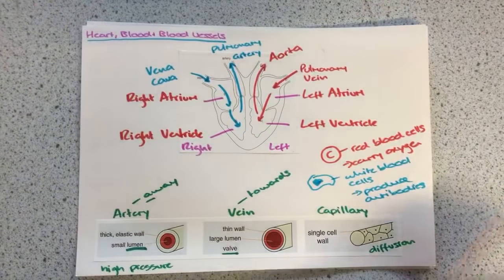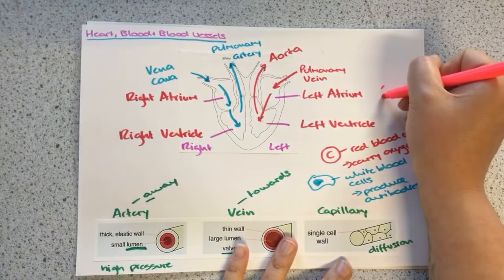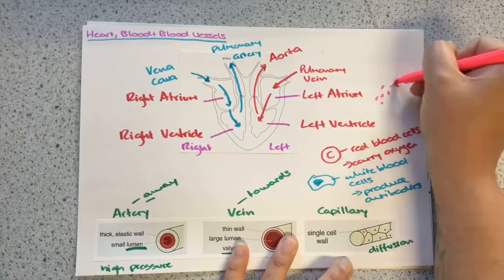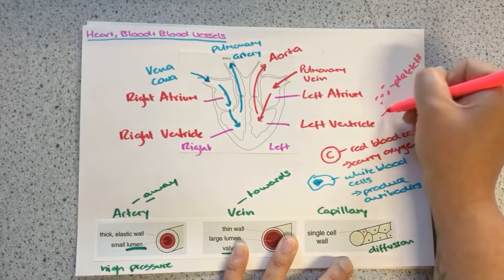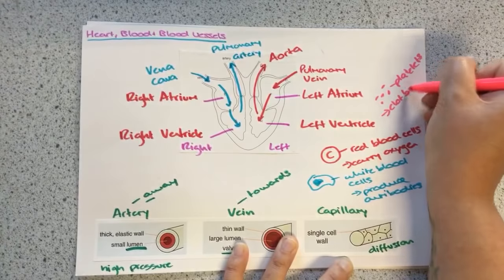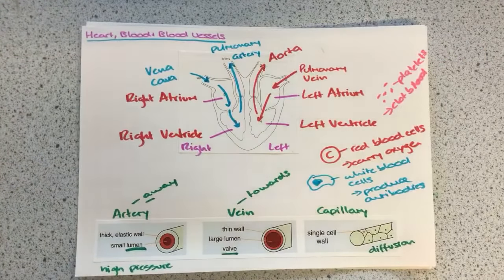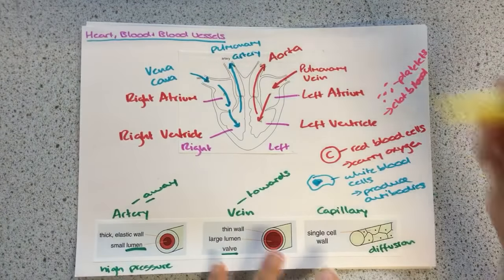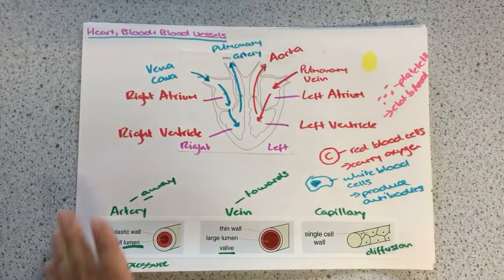And the other two parts. The little fragments of cells are called platelets. And these clot blood. And then the final part that you need to know about is the plasma.